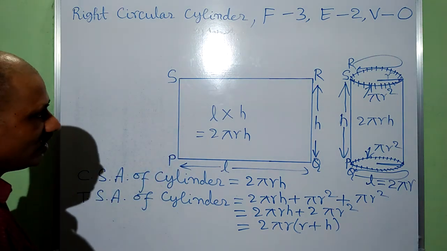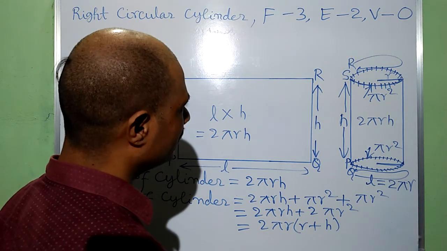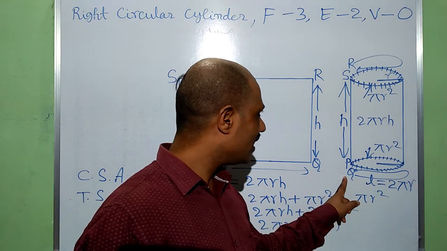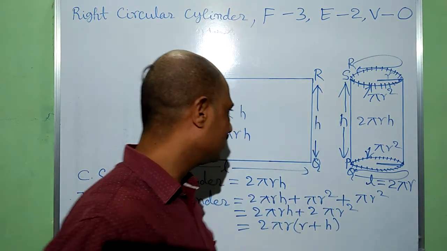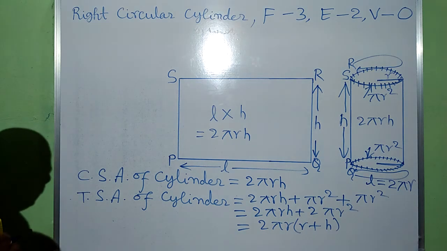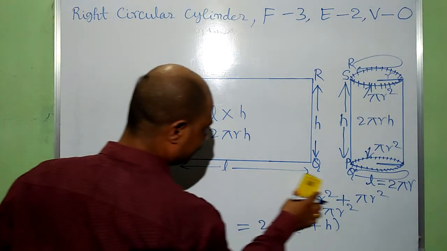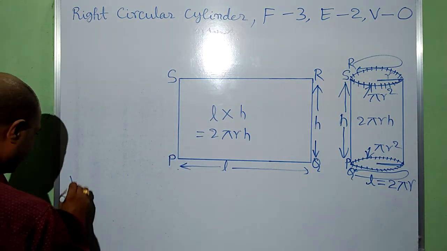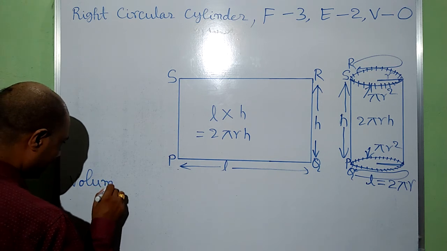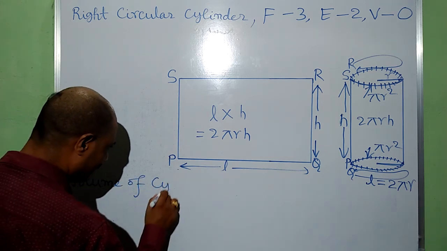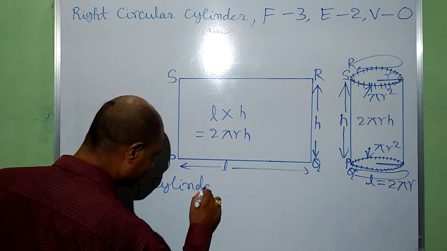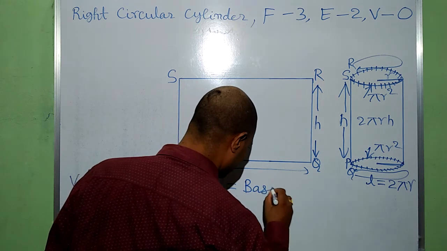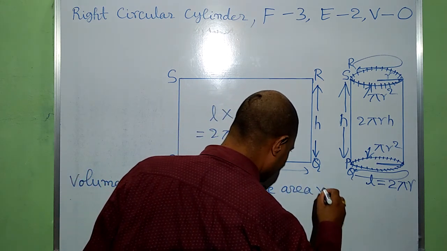Now we have to calculate its volume. As we know, volume is base area into height. Volume of cylinder is equal to base area into height.